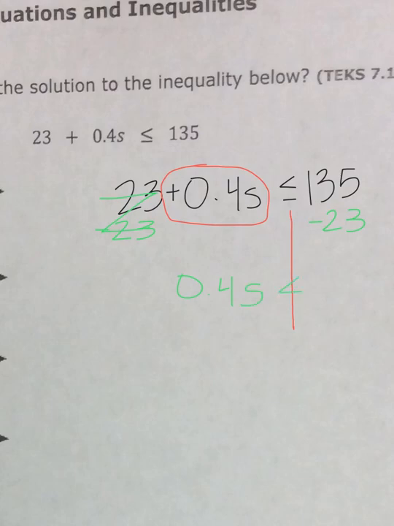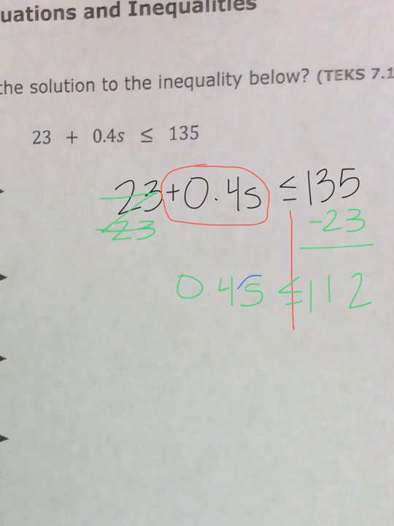0.4s is less than or equal to negative, or not negative, oh my goodness, guys, I'm sorry. 112. Positive 112. All right, I don't like this green, so I'm going to switch up the color. So now I have 0.4s is less than or equal to 112.